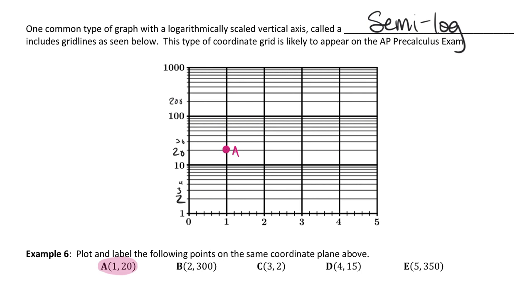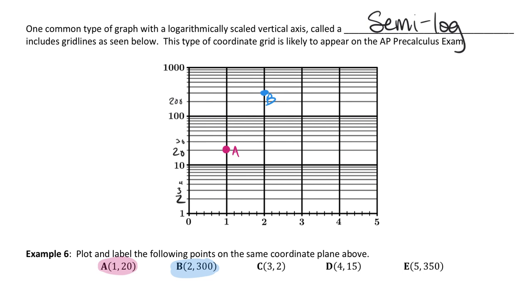Plot and label. Number B asks me to plot 2 comma 300. So I know my input value is 2 and my output value is 300. So that's going to be just a few lines above 100. This is 100, this is 200, this is 300. So this line right here is 2 comma 300.